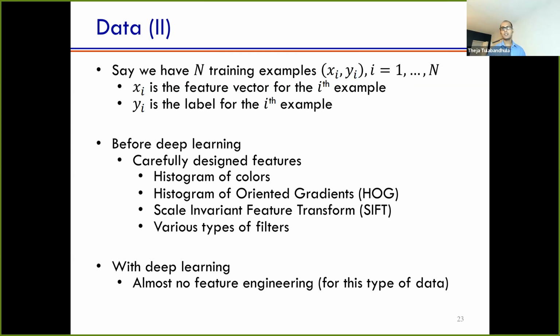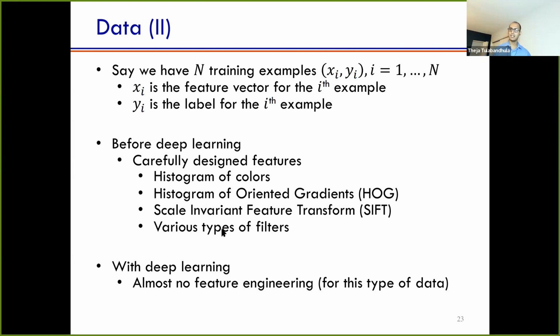So what you do before deep learning is go from this three-dimensional array or tensor to some vector, and that vector would be hand engineered. Which means that given an image, you'll create, for example, what's the mean value for the red color, what is the mean value for the green color, how many edges are there, and things like that. So that's what these names represent here.